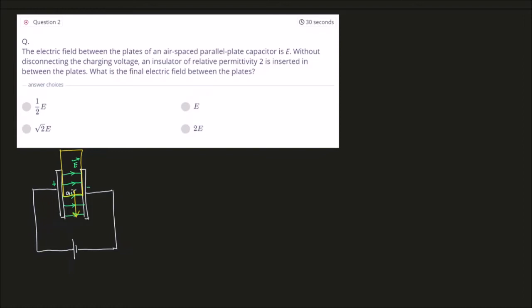Okay, so what happens when you insert a dielectric in between the plates? Let's draw back the situation here. If you have two plates and you have charged both sides of the plate with opposite charges, say this is plus Q and this is negative Q, then you will have a potential difference across the two plates.